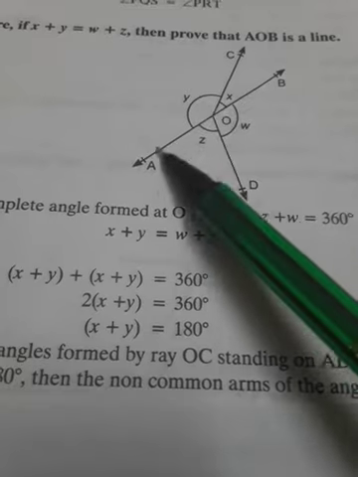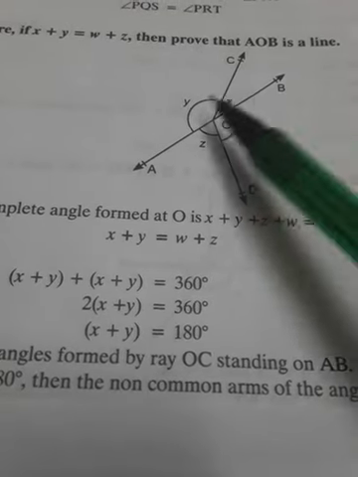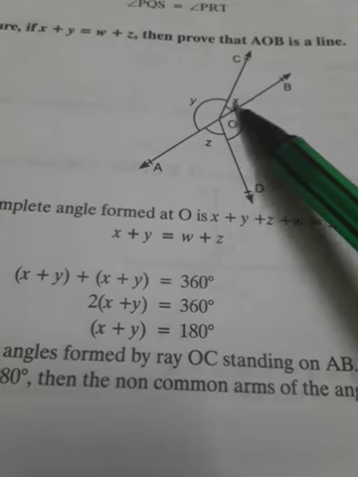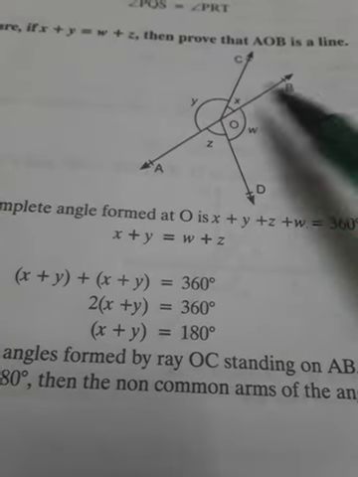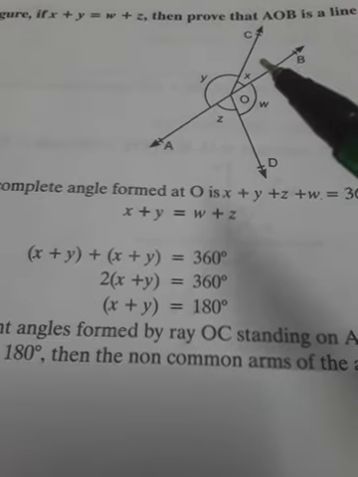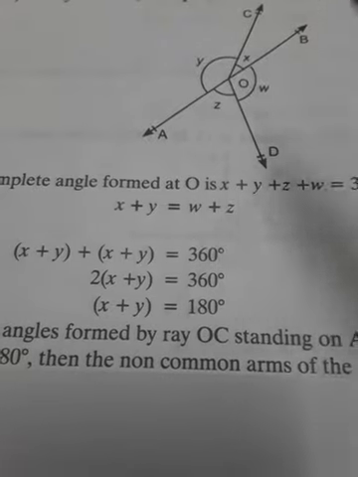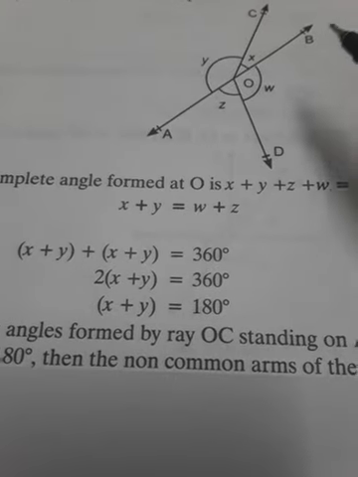Non-common arms of a linear pair make a straight line. So AOB is a straight line. By the converse of the linear pair axiom, we can say AOB is a line.